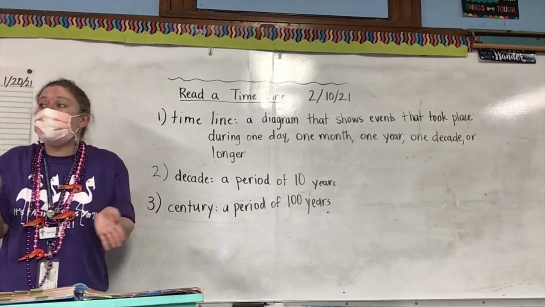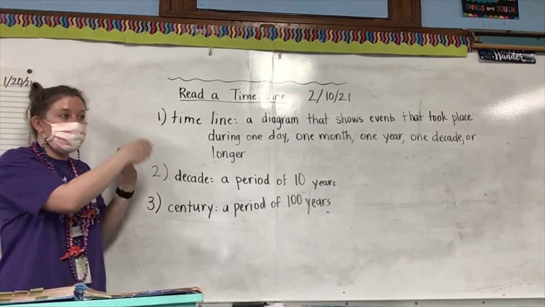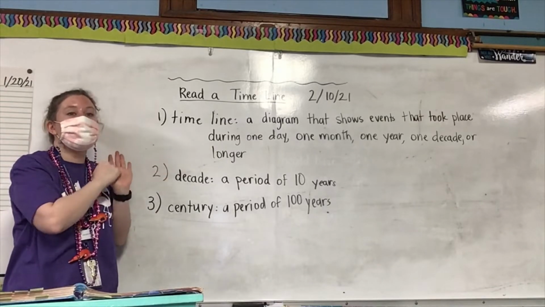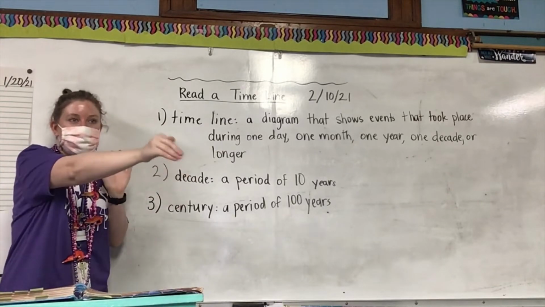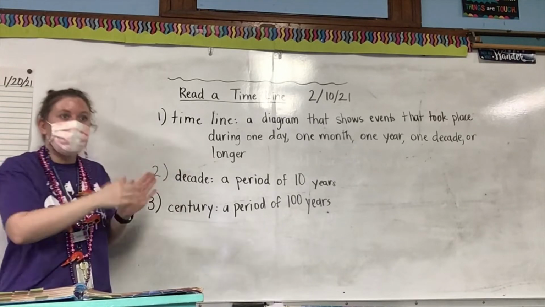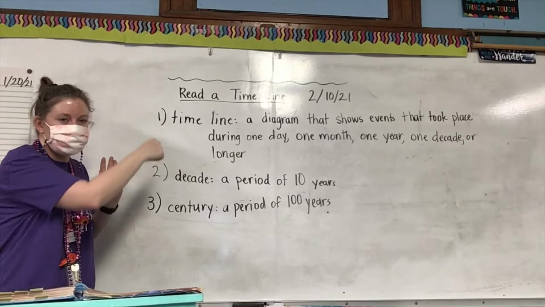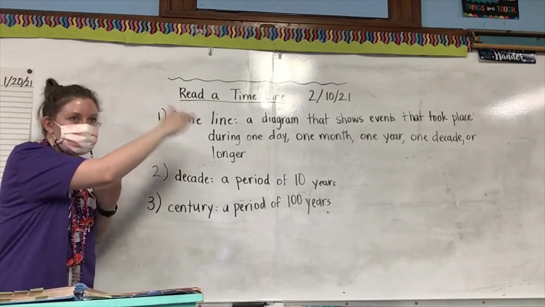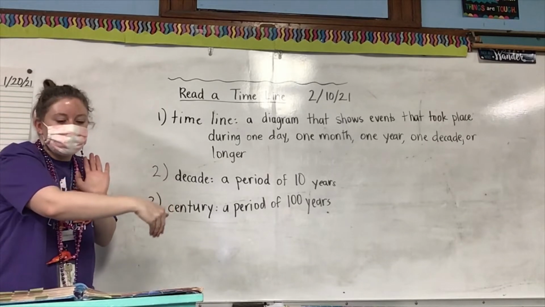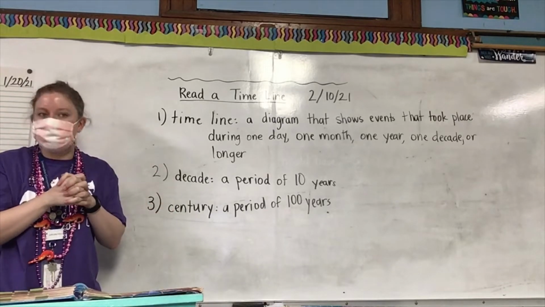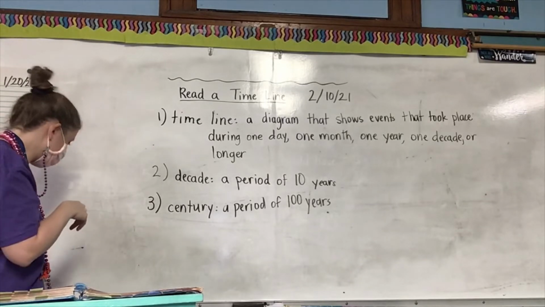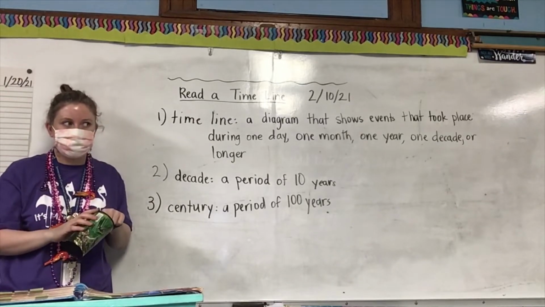If we say the 1800s, we mean the year 1800 to 1899. We say the 1700s, we mean the year 1700 to 1799. Those are called centuries. We're going to talk a little more about centuries in a minute.